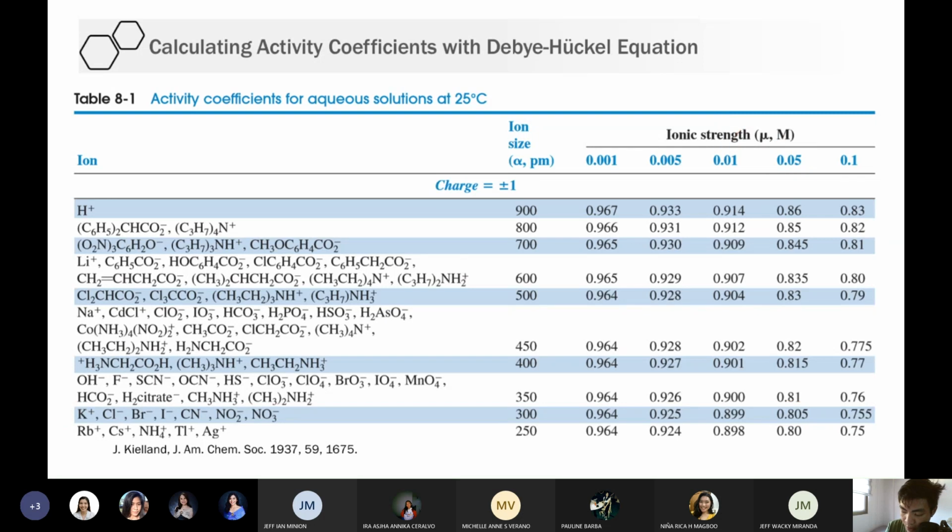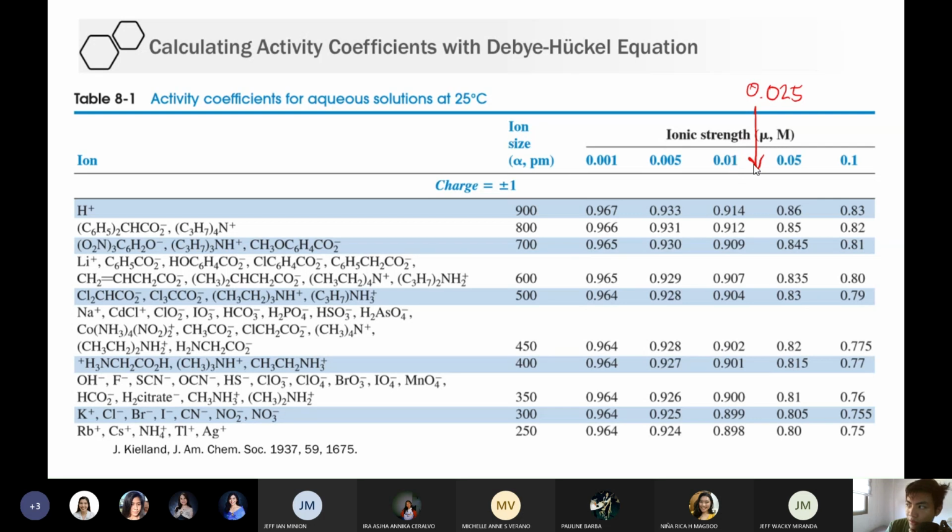So let's look first. Where is 0.025? It is somewhere between here. That means the gamma value is somewhere in between these two numbers. So we can use linear interpolation to determine the value of gamma within this range.